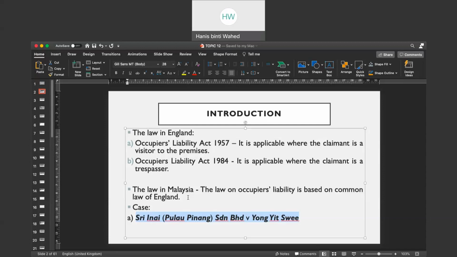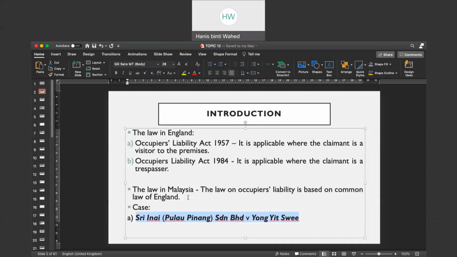Okay, so what you need to know is that for this topic, we will discuss a few things, the important parts. We will look at who is an occupier, and then we will look at what can be considered as premises, and then who are the entrants.